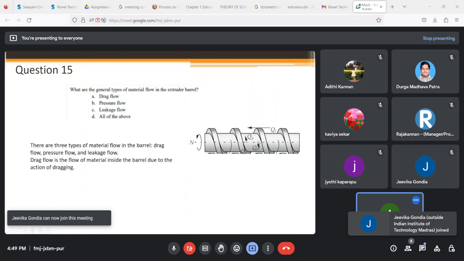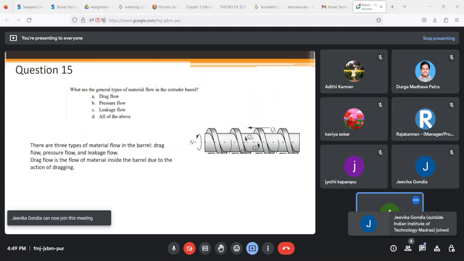One is the drag flow, which is denoted by QD. The other one is the pressure flow, that is QP. The third one is QL. The drag flow is the flow of the material inside the barrel due to the action of dragging. Since your screw is continuously rotating, it will drag the fluid or the food particles that are very close by.